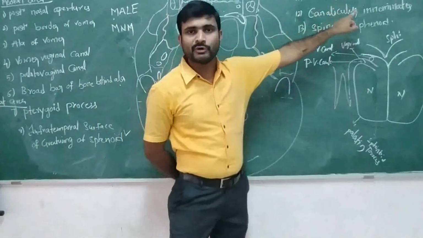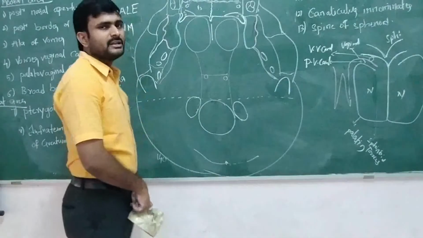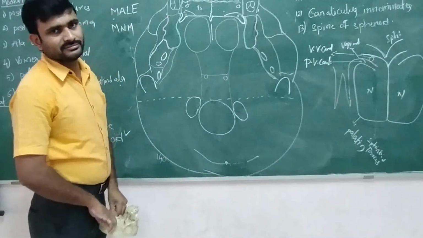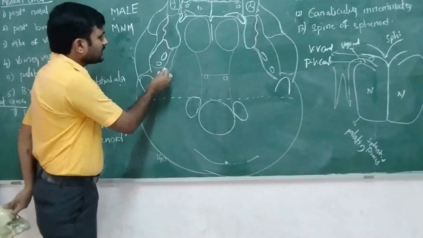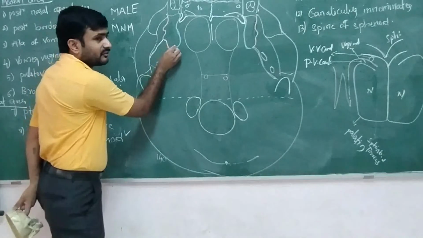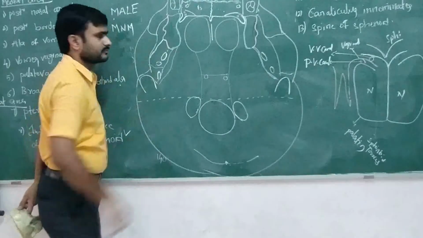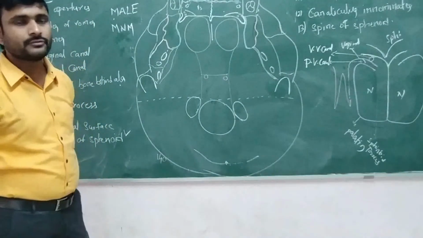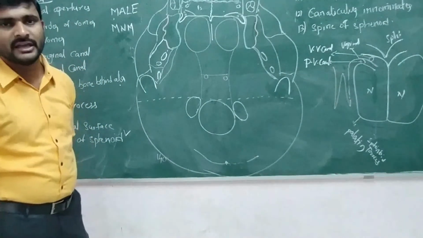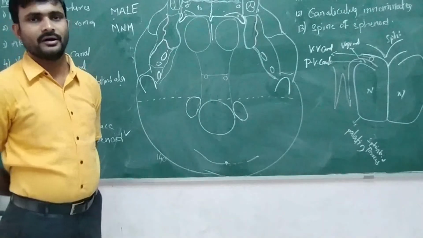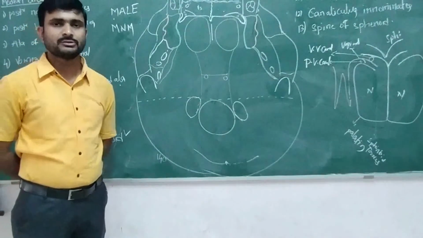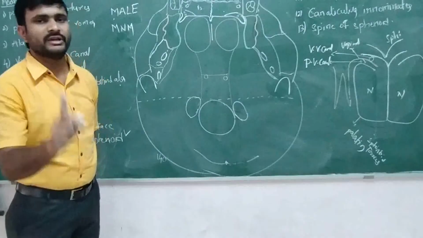And here the foramen vesalius is there. It is not regularly present. If it is present, it lies between the pterygoid fossa and the foramen ovale. It is an inconstant foramen. If present, the emissary vein passes through it.